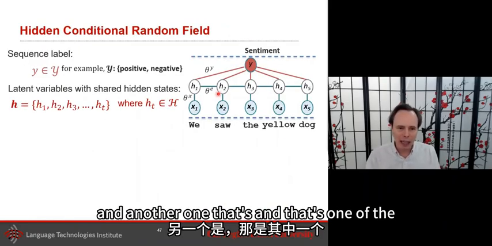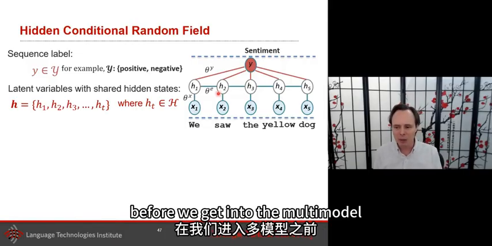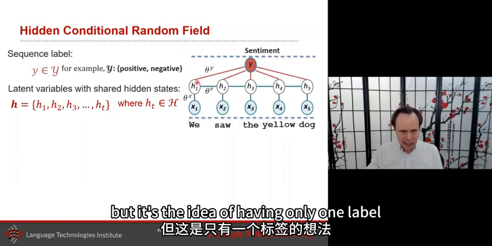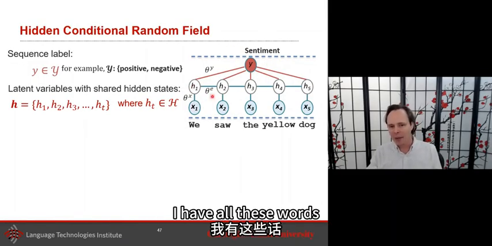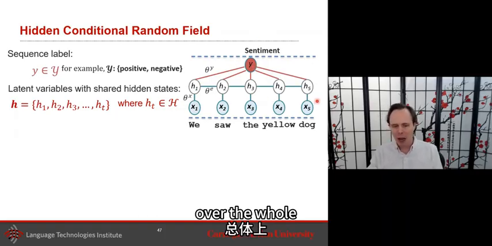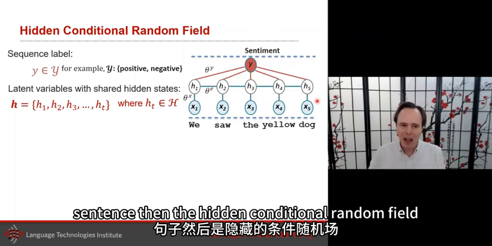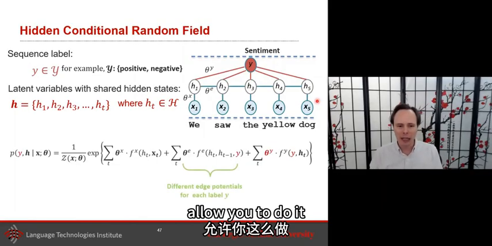And that's one of the last ones in the family of conditional random fields before we get into the multimodal. It's the idea of having only one label. What if I have only one label? I have all these words and I want to know the sentiment over the whole sentence. Then the hidden conditional random field allows you to do it.